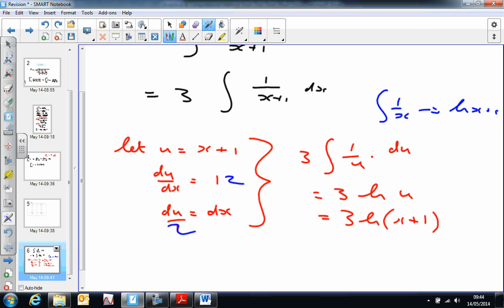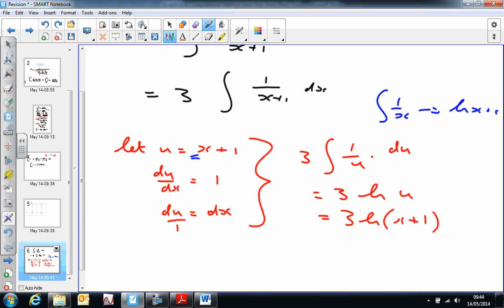If that had been a 3, there'd have been a 3 underneath, and so on. So in other words, the answer would have been, when I integrate, du over 2, or du over 3. So there would have ended up being a 2 underneath, or a 3 underneath, or whatever the number in front of the x term is would have gone underneath in the final answer.